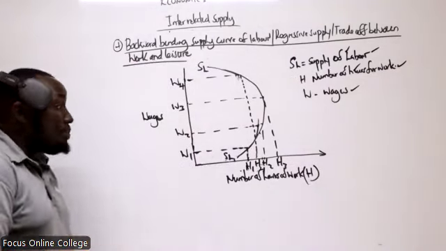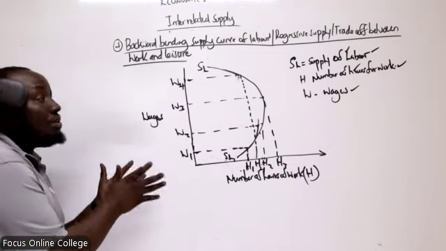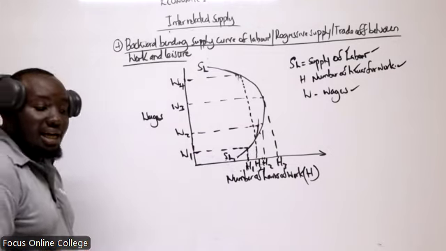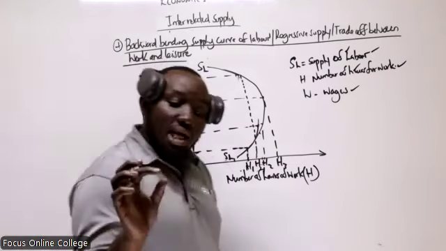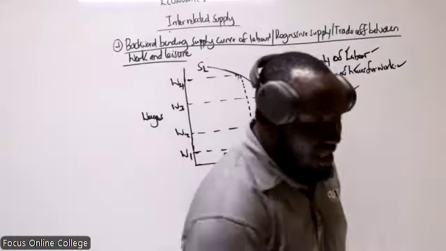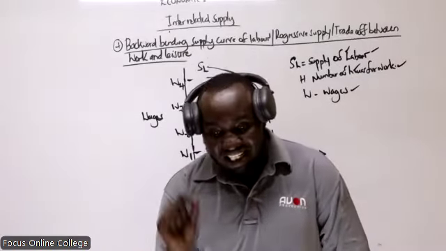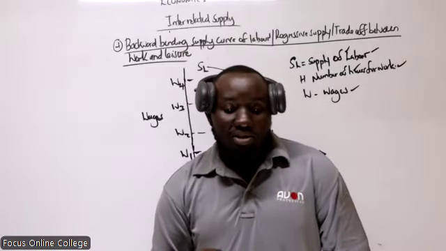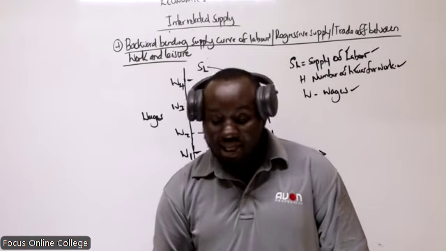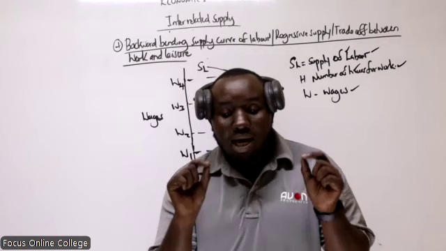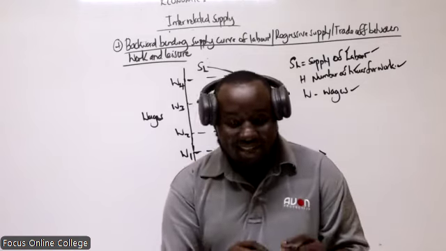And the third reason that explains the backward bending of the supply curve of labor is what we call the fear of taxes. Remember, the more you earn, the more you are subjected to taxes.